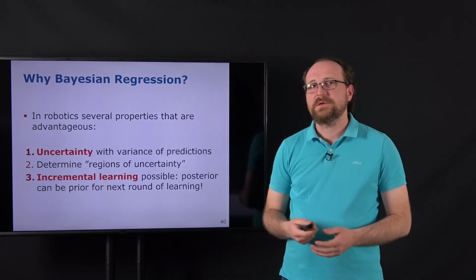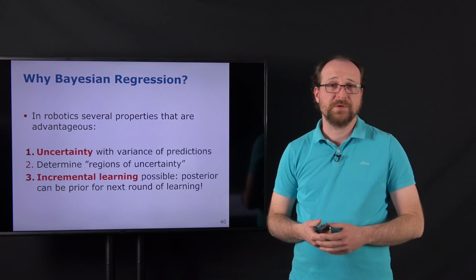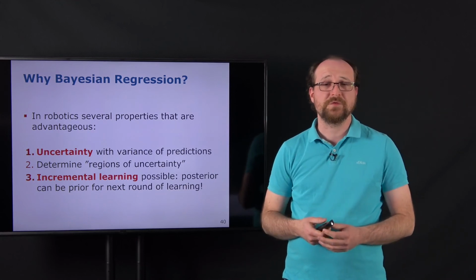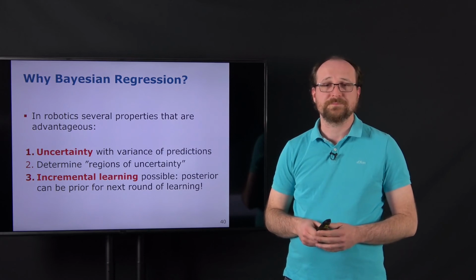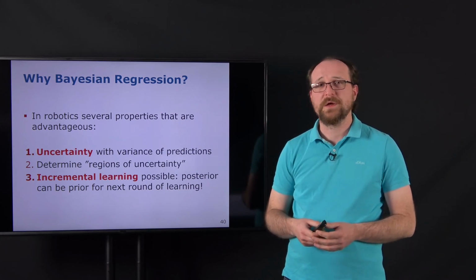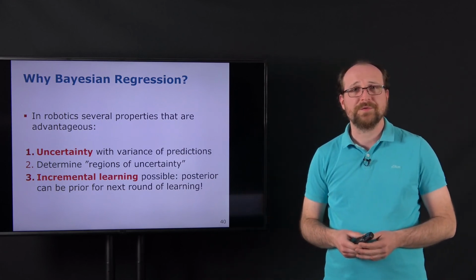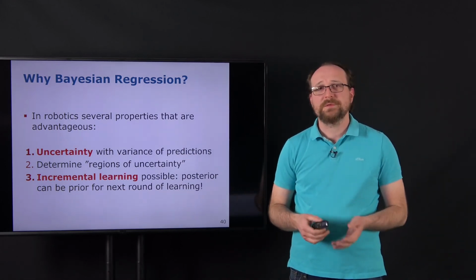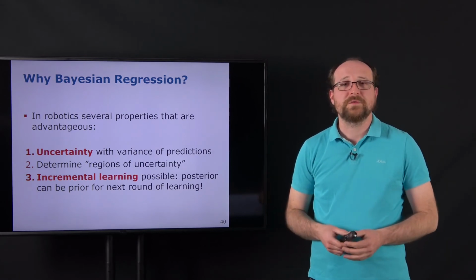The question is now: we had the maximum likelihood estimation, and we had the maximum a posteriori estimation, which already did a good job. But what is the advantage for the robotics application? First of all, in robotics we are always interested in the uncertainty of our estimates, because this gives us an indication about how well we are doing with our predictions.